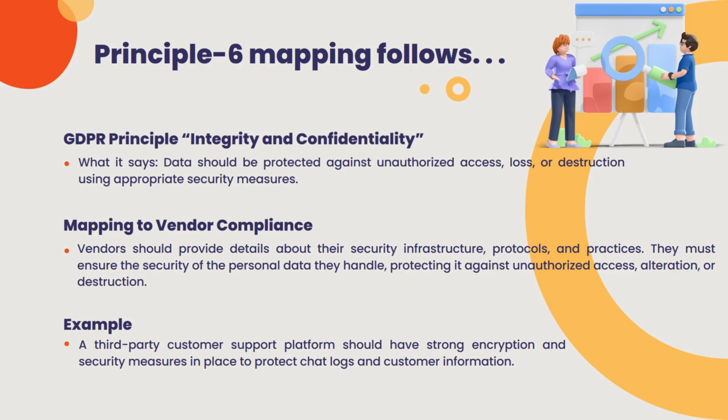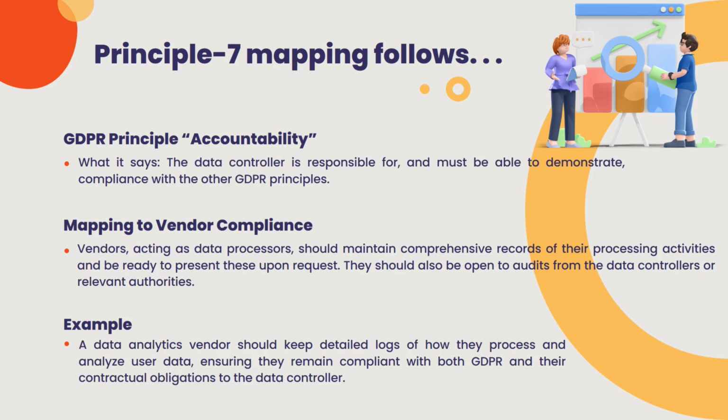Let's move on to the next principle, number 7. This is the last principle, accountability. So what it says, the data controller is responsible for and must be able to demonstrate compliance with the other GDPR principles. It's basically when we are complying with all the rest of the 6 principles, we comply with the 7th principle. So that is what it is. So how to map this?